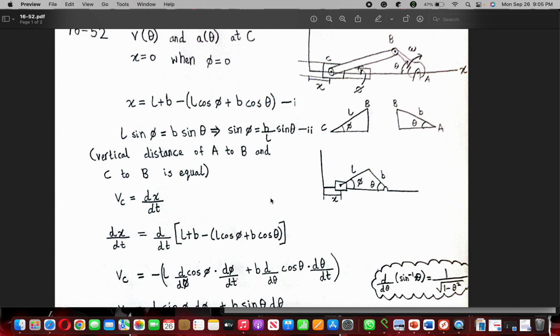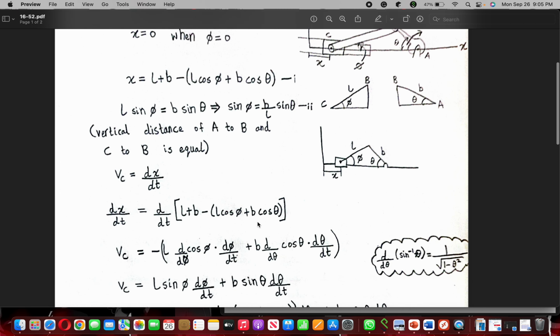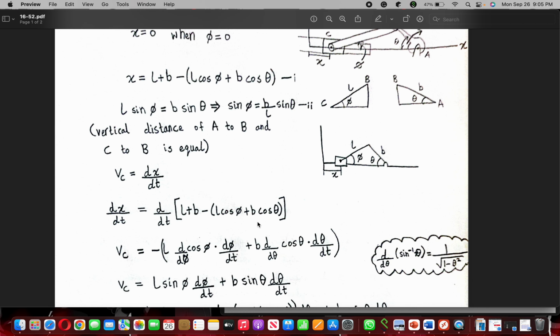And then we take this whole equation we formed, the equation 1 of x, and differentiate it. In this, L and b are both constants, so their derivative will be equal to 0. And the remaining term, L cos phi plus b cos theta, we differentiate, but as it is with respect to t, we have to use the chain rule.